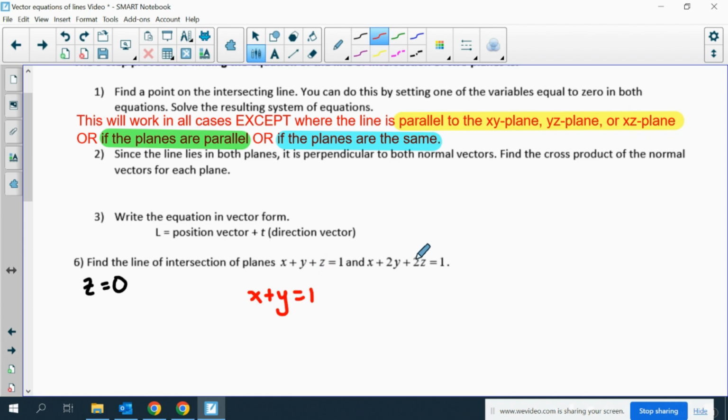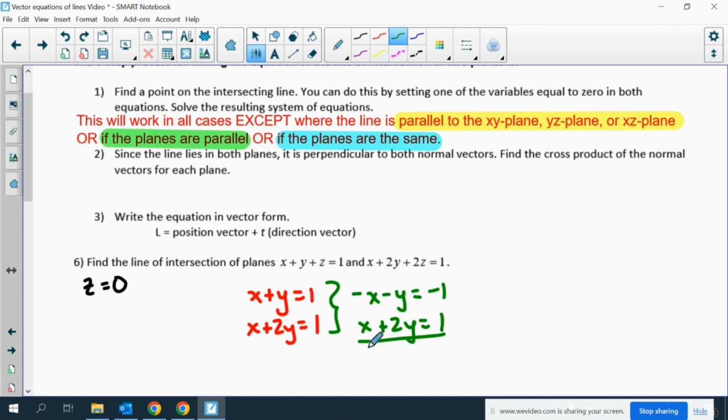So if I plug in z equals 0, I get x plus y equals 1 and x plus 2y equals 1. Then I can change one of the equations so that I can easily add these equations. These go away. This becomes y.